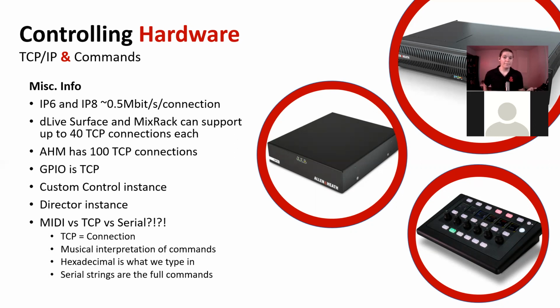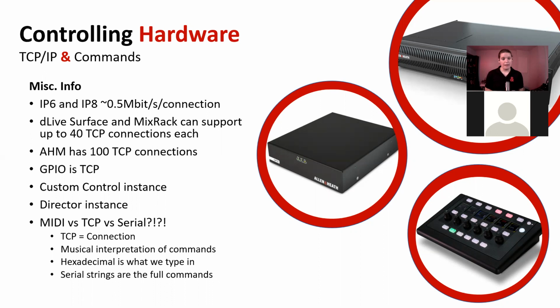The AHM, which I've talked about so many times, is our matrix processor, and it can hold up to 100 TCP IP connections simultaneously, because it's really meant to hold all those different kinds of control applications. If you were installing the AHM into a big school campus, you're going to need lots of different kinds of control, lots of different access points for control.